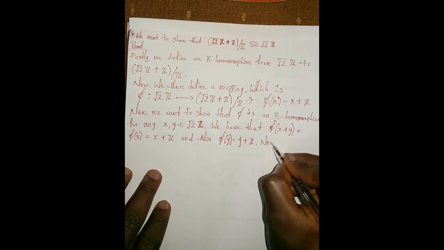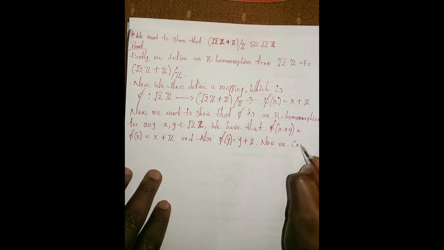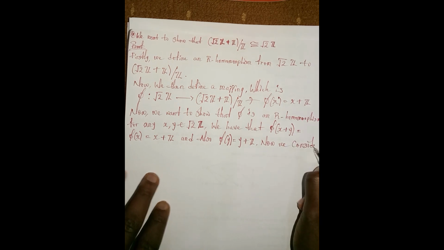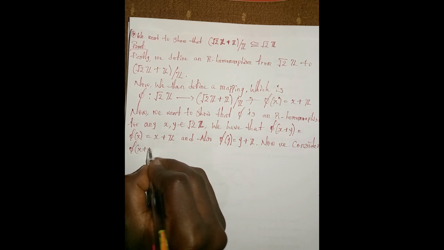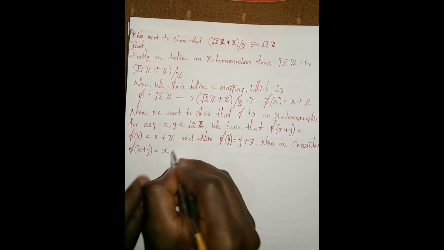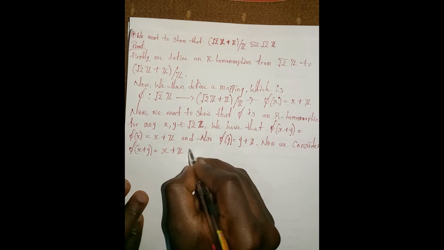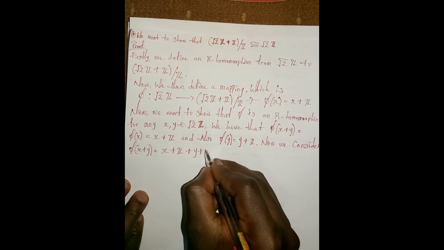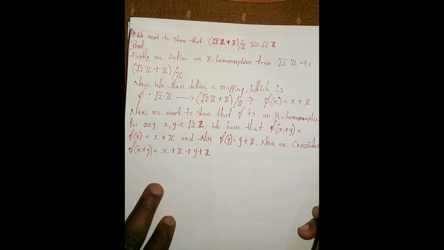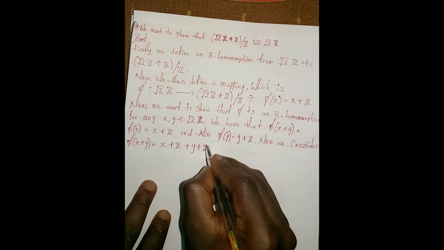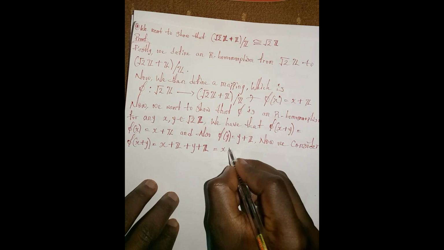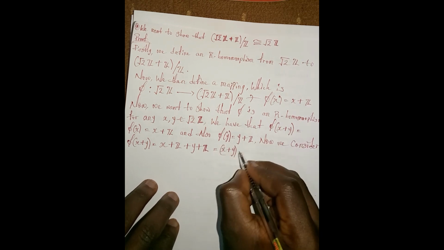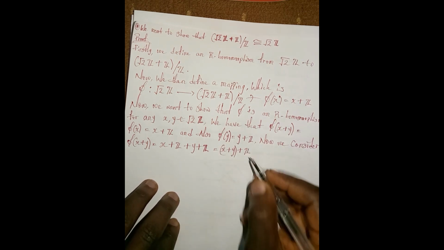Now we consider phi of x plus y, which will be equal to x plus script z plus y plus script z. Remember, script z is the set of all integers, which is equal to x plus y plus script z.